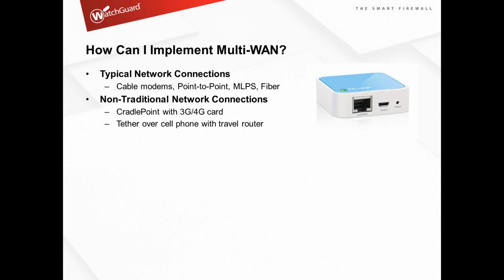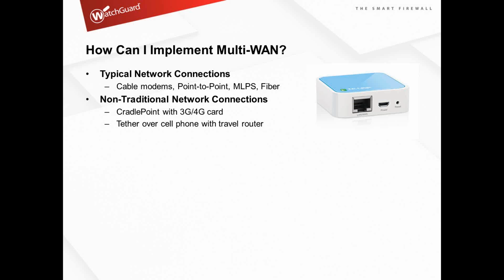And then maybe you want to tie in non-traditional network connections. At my former employer, I had an XTM, and I simply had my cell data plan that I would tether. There are a couple of options for that. For instance, we have a tether over a cell phone option with a travel router where it just hands out an RJ45 connection that we can plug right into the XTM.